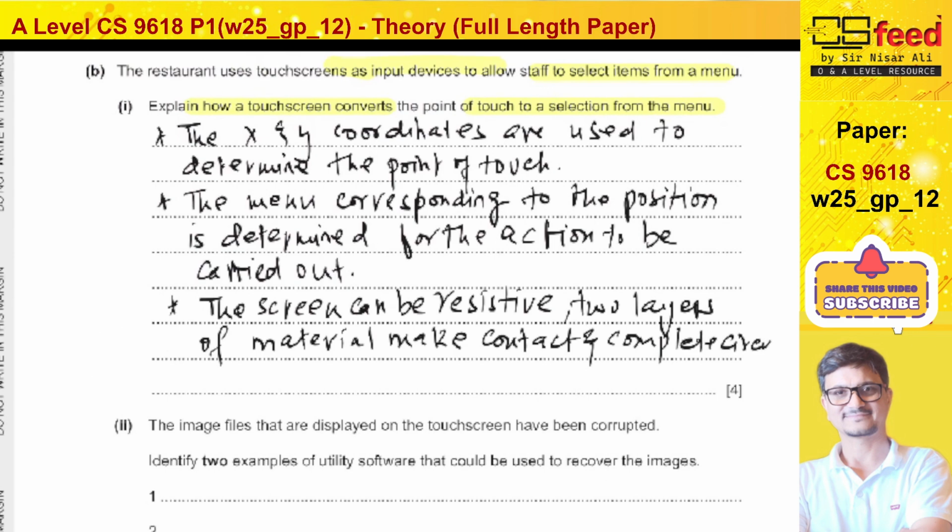Right? And the last point is that if it is infrared, what will happen is the beams are broken. Right?